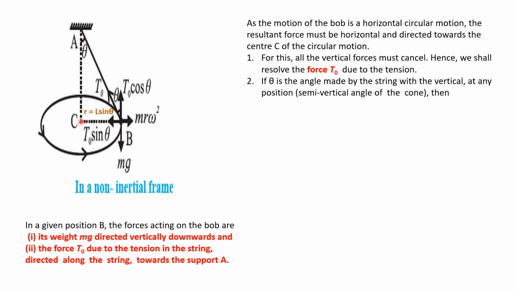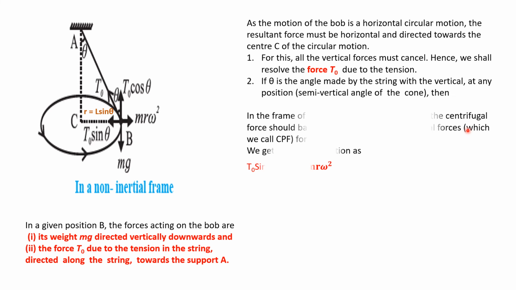circular motion. Now for this, all the vertical forces must be cancelled out and we can resolve the force T0 into its two components, one vertical component, that is T0 cos theta, and one along the horizontal component, that is T0 sin theta. Here theta is the angle made by the string of this conical pendulum with the vertical at any position.